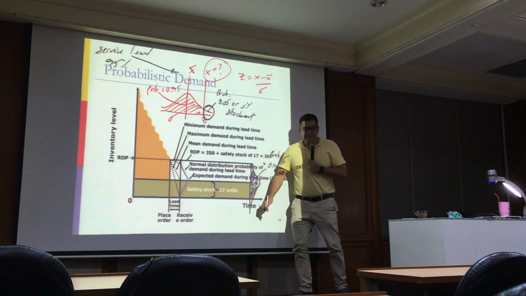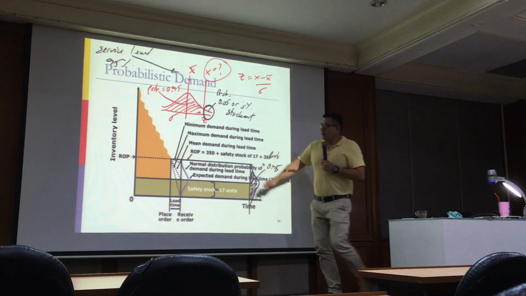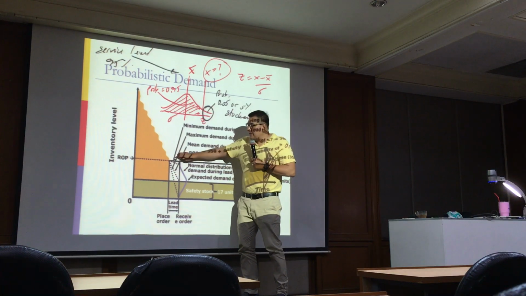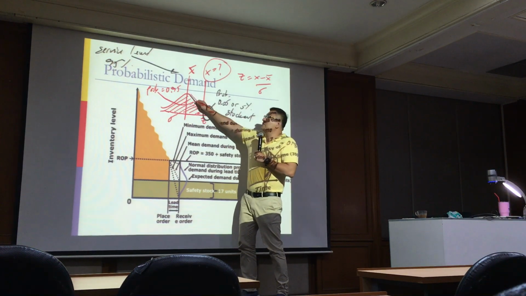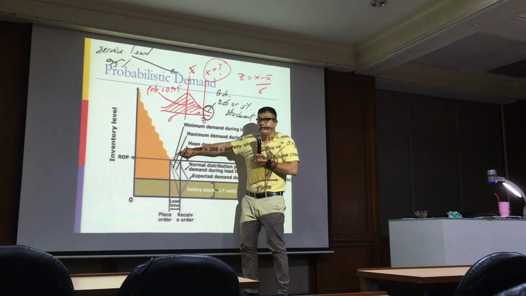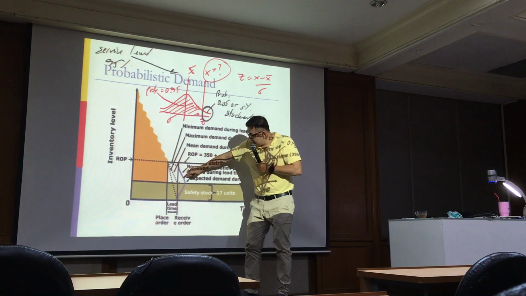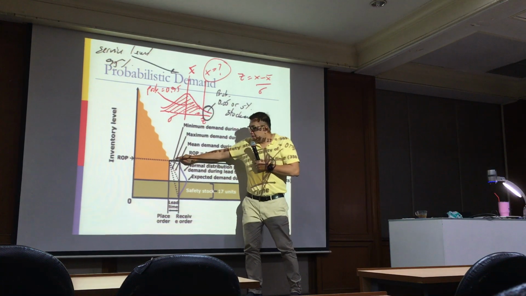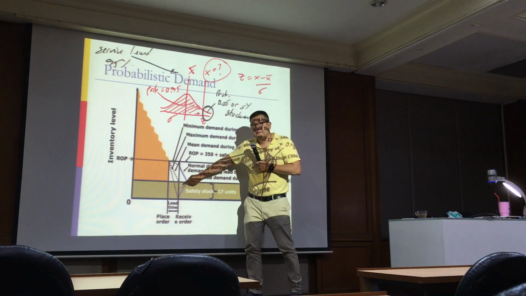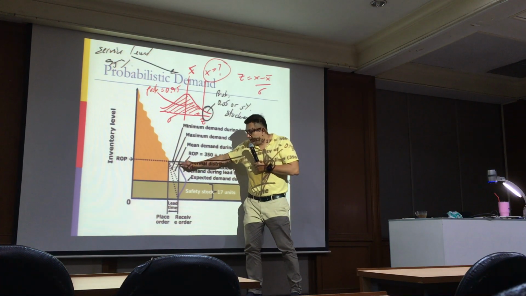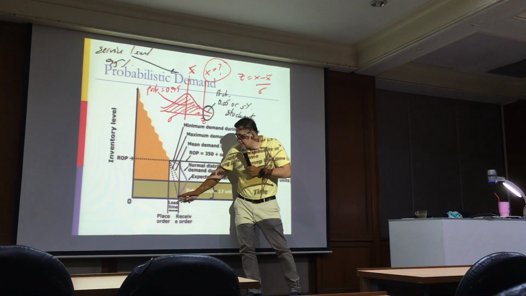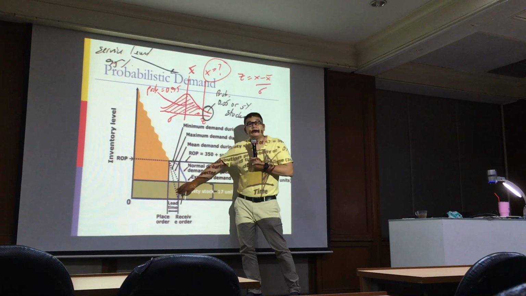So you can see if demand during the time equals the mean, it's going to be like this, equal to mean. If it's more than the mean, what happens? This is more than the mean. You're going to have the safety stock, right, to serve.